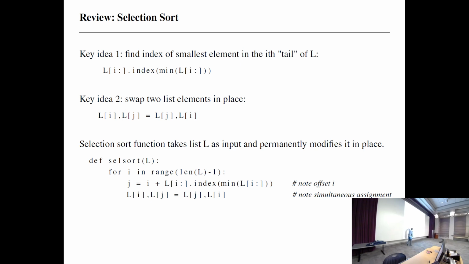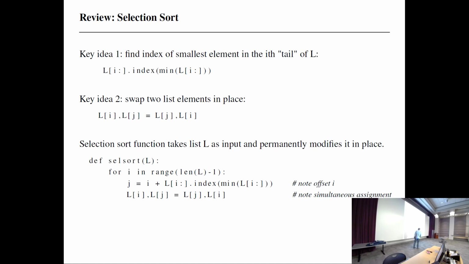So i will be the index starting at 0 and going up to the length of L minus 1, because we stop one short. The last element is by definition sorted. And what I do here is I search from i, which is initially 0, so the entire list. I search for the index of the smallest element. Where is the smallest element of L?